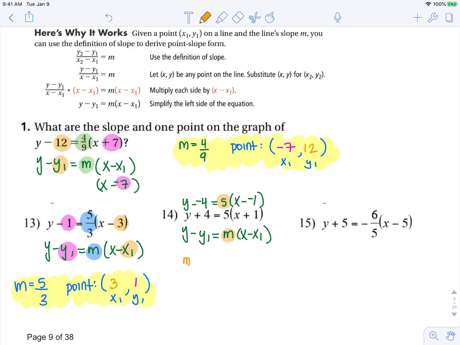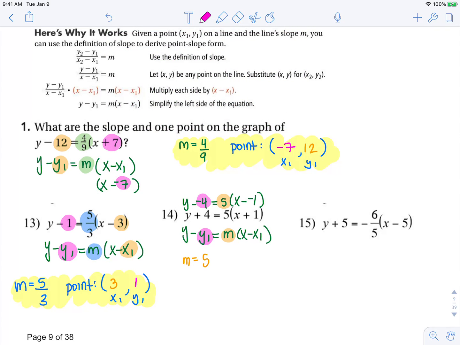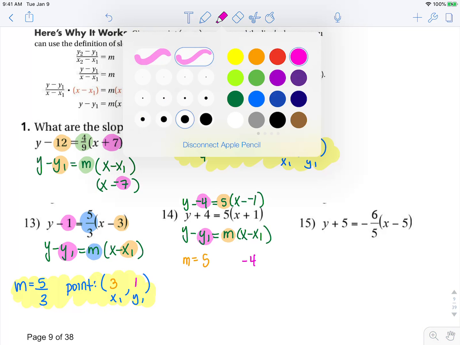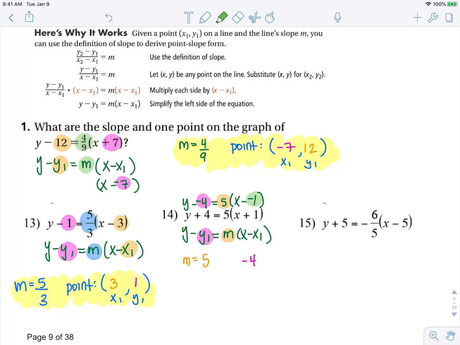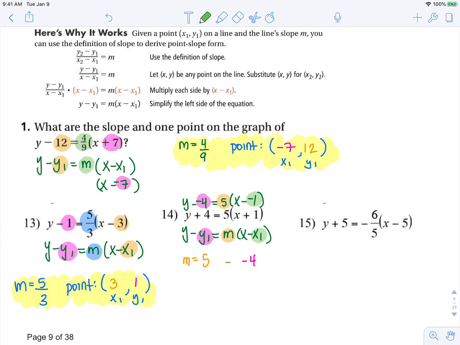So m equals 5. And then I'm subtracting -4. So that means for my point, my y value is -4. And I'm subtracting -1. So that means my x value is -1. So this is my point for this graph.